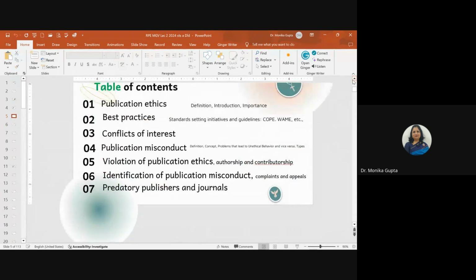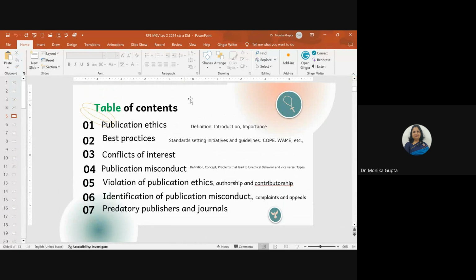So the first is publication ethics, wherein we will discuss definition, introduction, and importance. Then best practices, the standards, setting initiatives and guidelines such as COPE, WAME. The case study I have shared is of COPE in the WhatsApp group and in the chat window also.